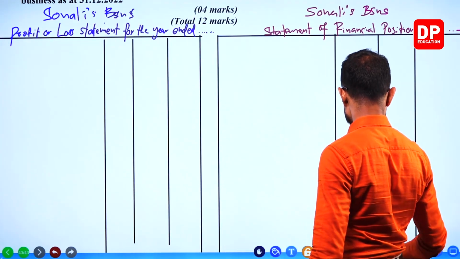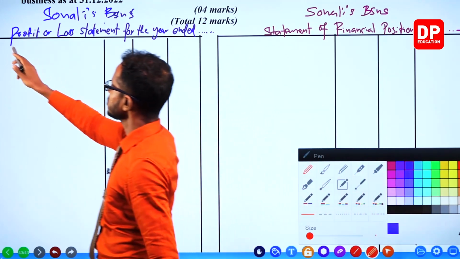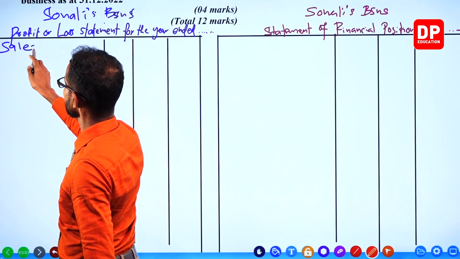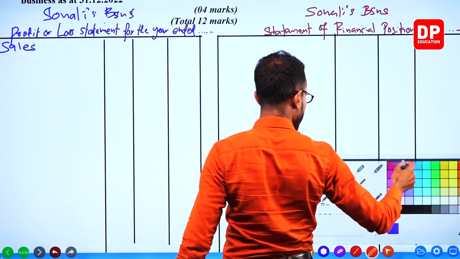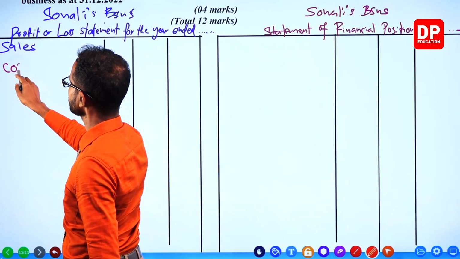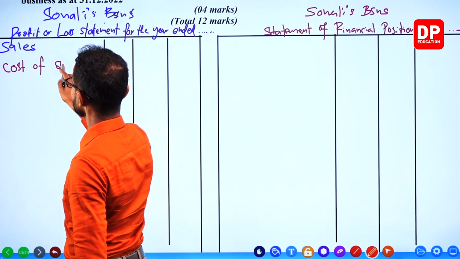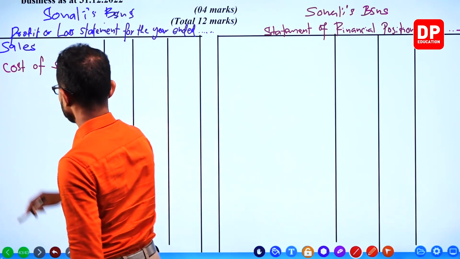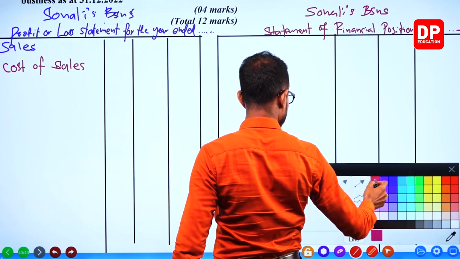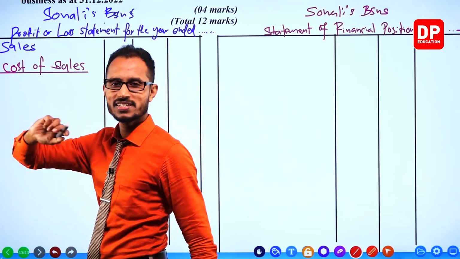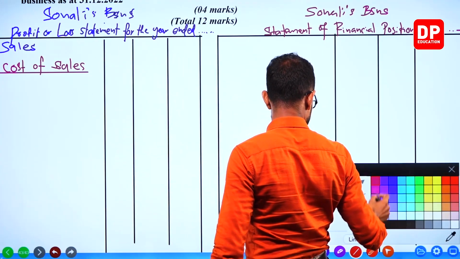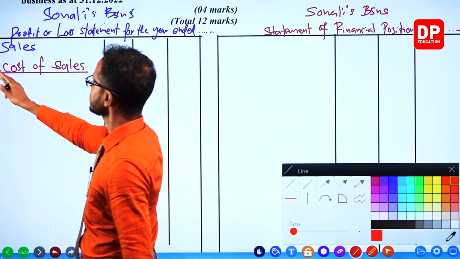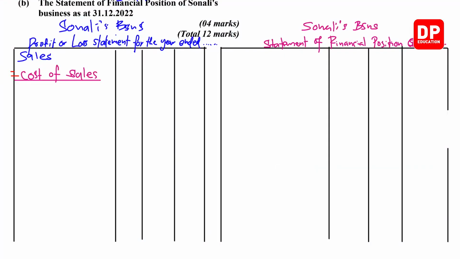Put the items or mention the items. Sales on top. Then you get cost of sales. What is the relationship between sales and cost of sales? Sales minus cost of sales. That is the relation.